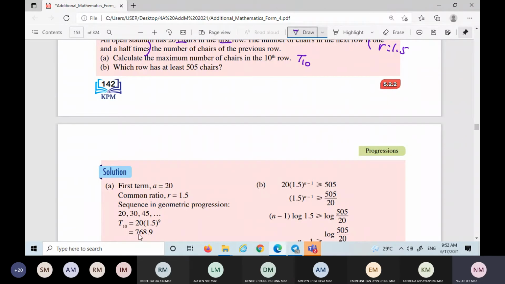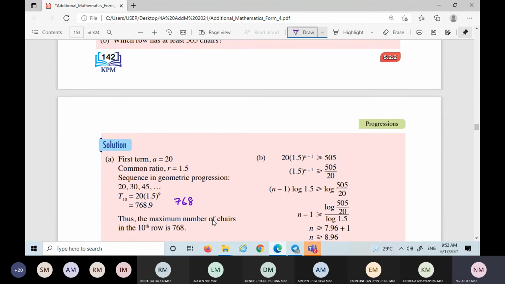It means the most you can put in is 768.9. You can't put more than that already. Therefore, you can only put in 768 chairs. In this case, you cannot do round off.